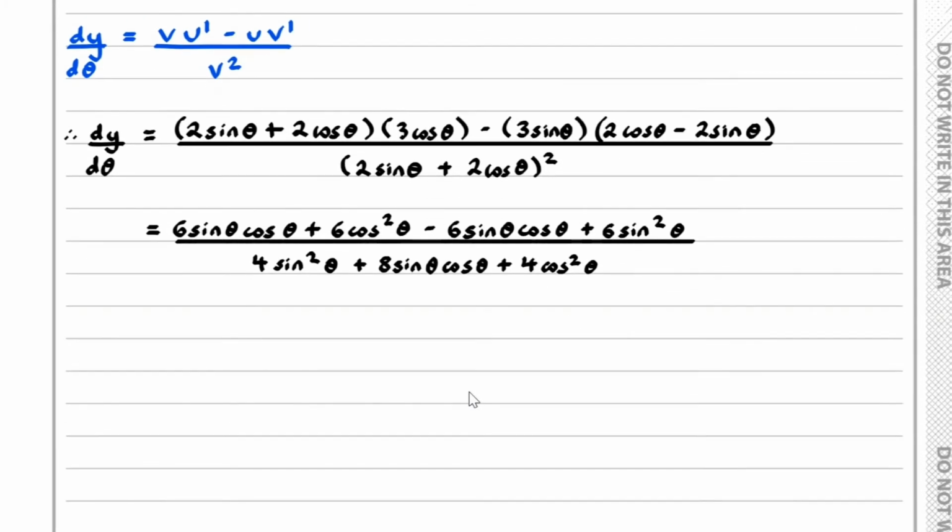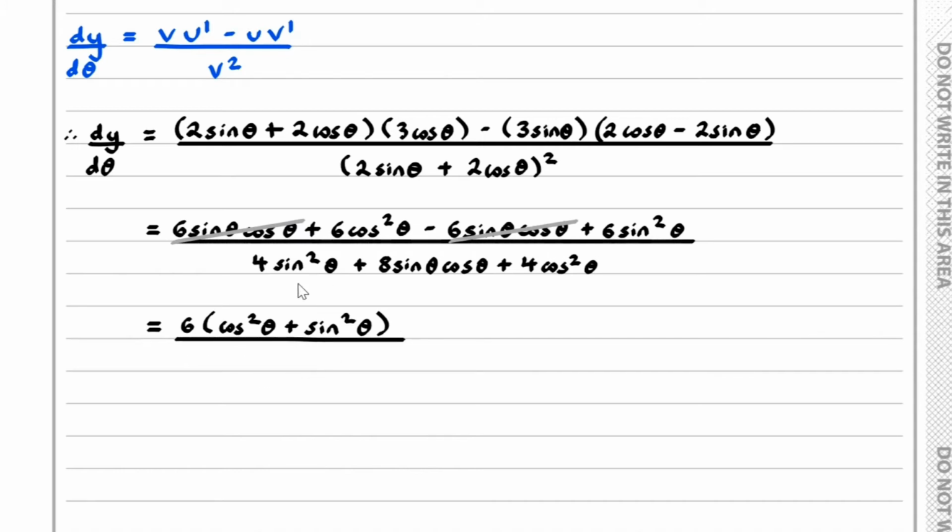And at this point, we can recognize that the 6 sine theta cos theta cancels, leaving us with 6 cos squared theta plus 6 sin squared theta, and if I factorise out the 6, I've got 6 times by cos squared theta plus sin squared theta.